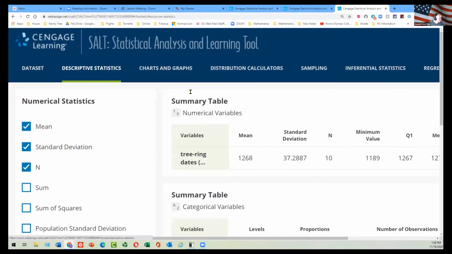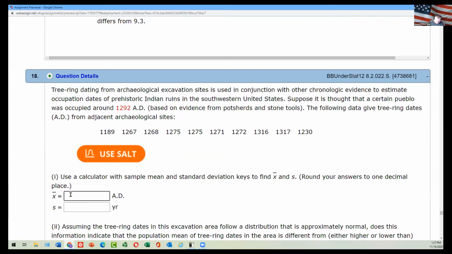And descriptive statistics, and the mean is 1268. And the standard deviation is 37.29. So that was pretty quick. So that guy is 1268. And this guy here is 37.29.